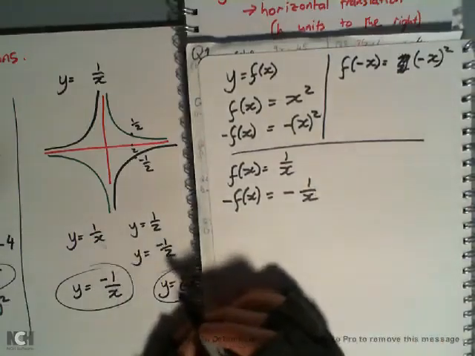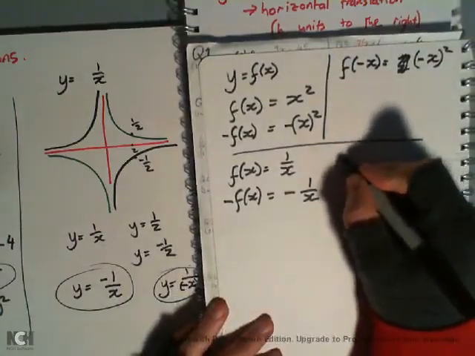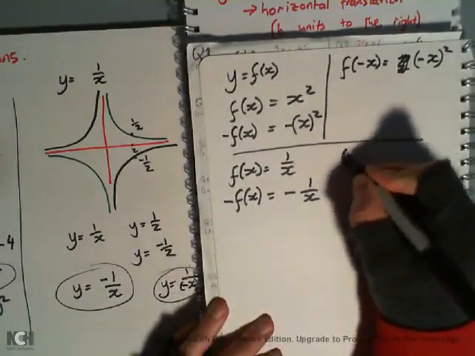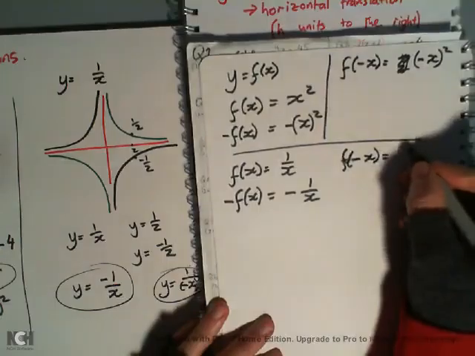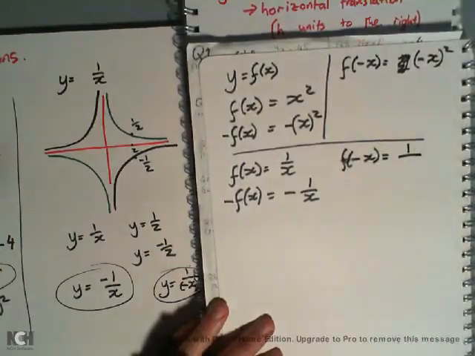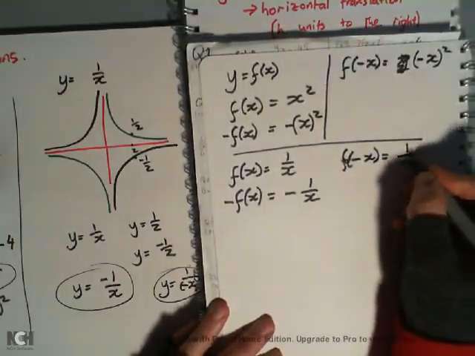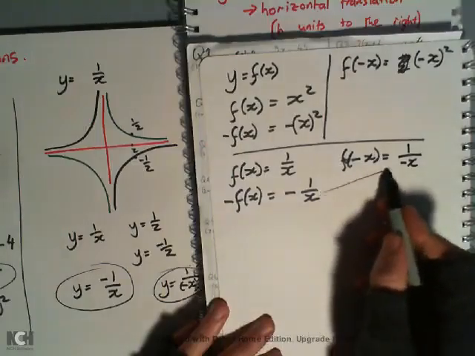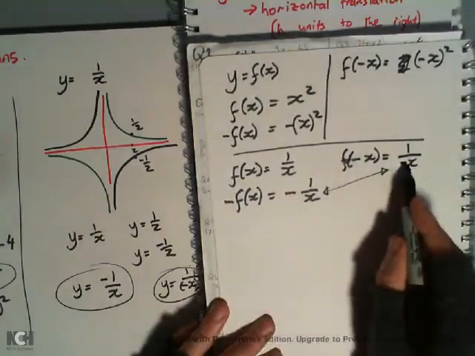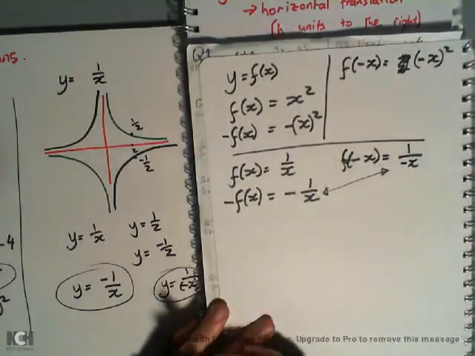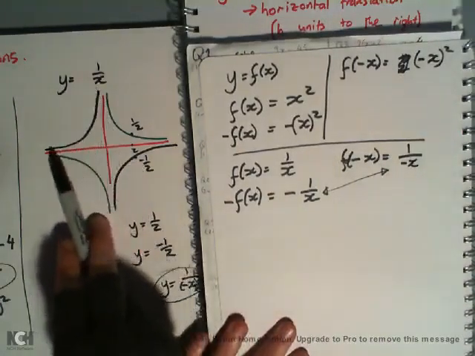Now for a reflection in the y-axis, it's f of minus x. So I'm saying my original function, but instead of x, I'm putting minus x. Now essentially they're the same thing. I've just got a minus outside, I've got minus on the bottom, they end up doing the same thing, and that's what's showing on the graph here.